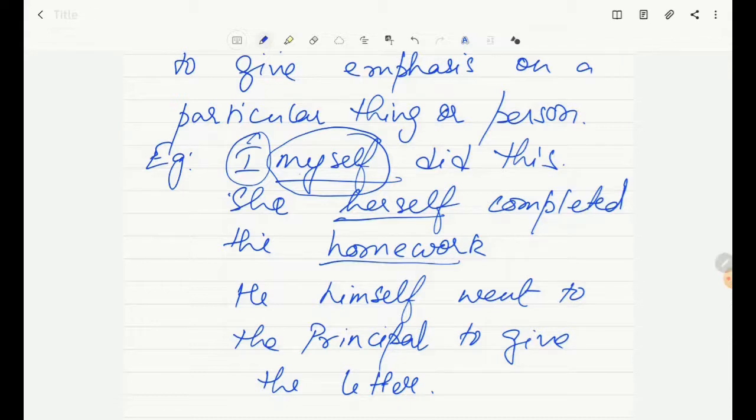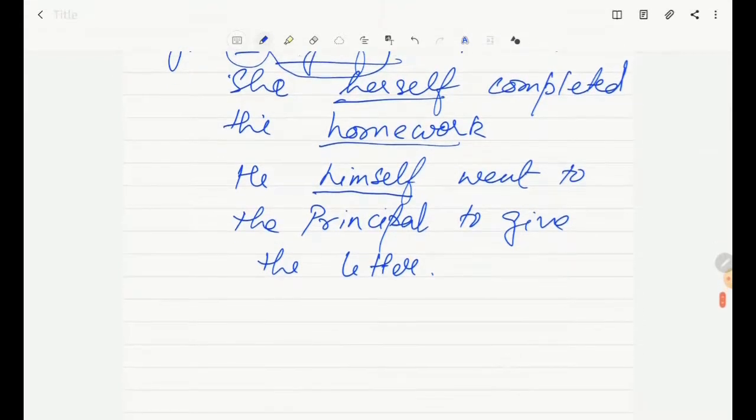So what is the emphatic pronoun in the sentence? Himself. And one thing which you can always notice is that there is a major difference between the emphasizing pronoun and the reflexive pronoun. What is the major difference which you notice between the reflexive pronoun and the emphasizing pronoun?